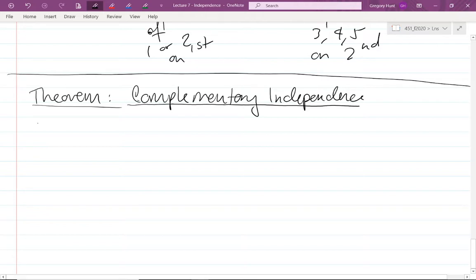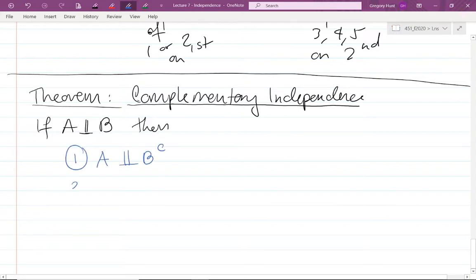Let's say A and B are independent events. Then we have a laundry list of other events that are independent. A is independent of B complement. B is independent of A complement. A complement is independent of B.